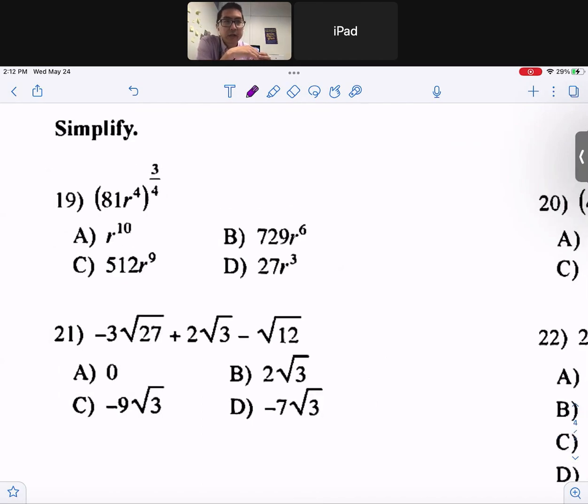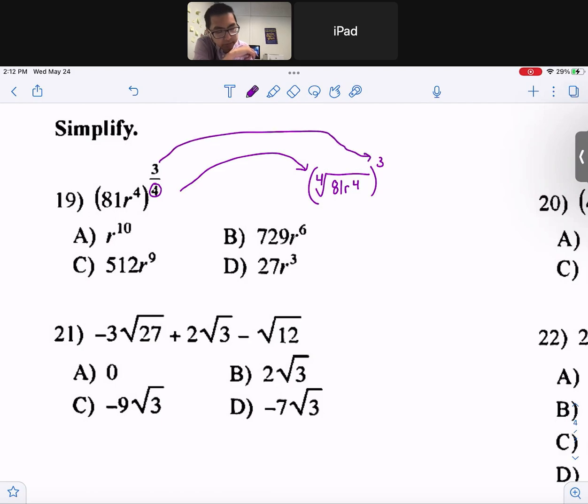Now, when you have an exponent that is a fraction, you can change this into radical form. And just remember, the denominator of the exponent is the root or the index of the radical. So the denominator is the index, and then you're going to raise it to the power, which comes from there.